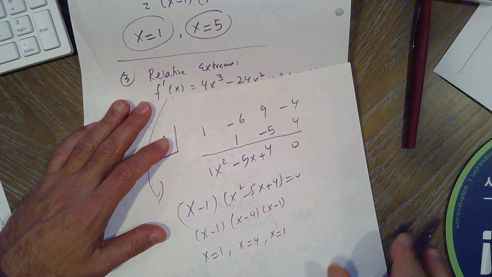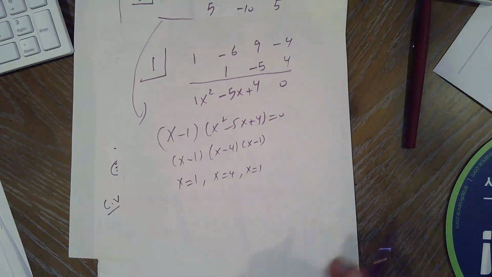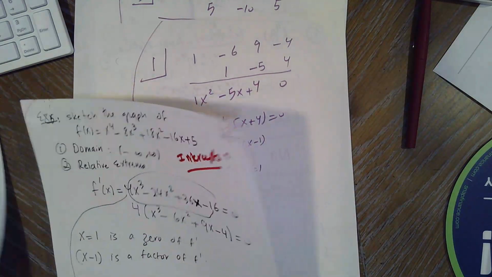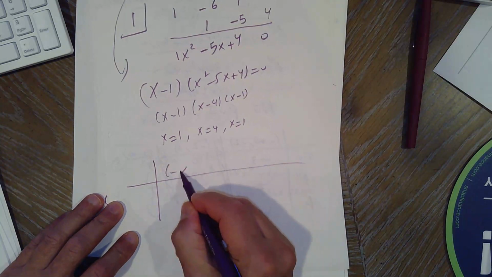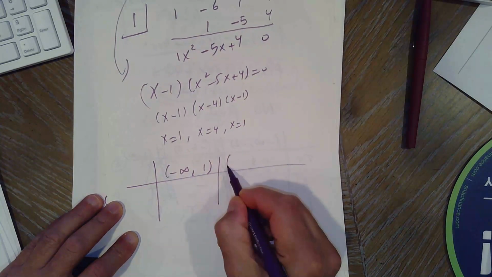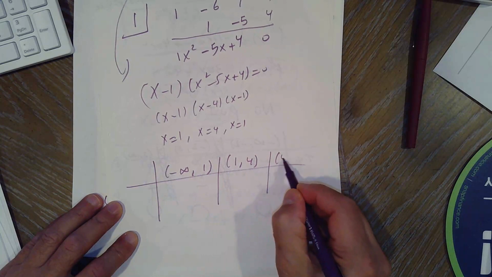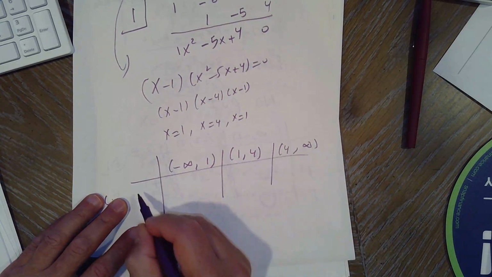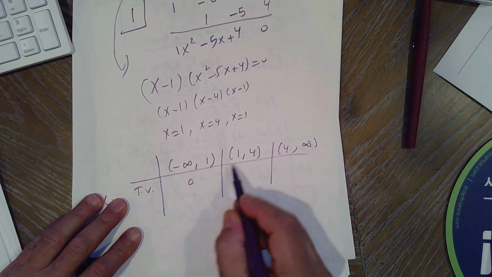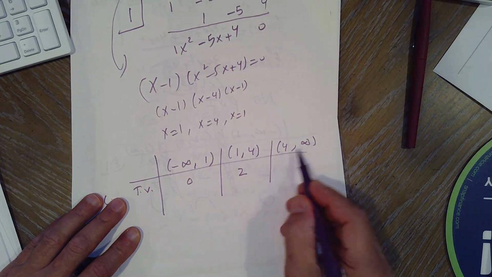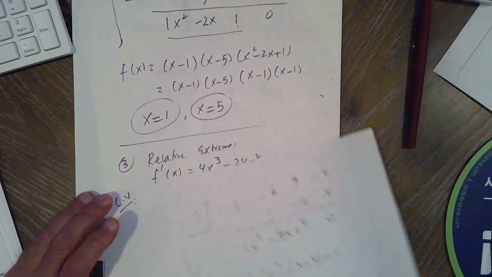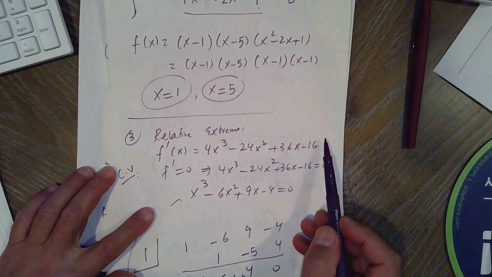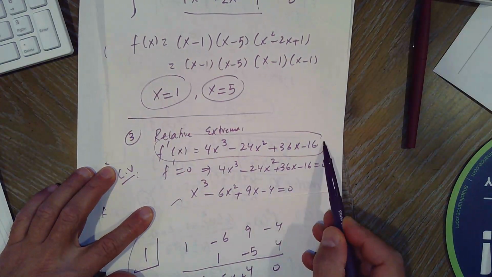So these are the critical values. Then we make our chart to see where it's increasing and where it's decreasing. Negative infinity to 1, 1 to 4, and 4 to infinity. For a test value, we can pick 0. Between 1 and 4 we can pick 2, and pick 5 for the last interval, in the first derivative. We plug it into the equation of the first derivative right there.